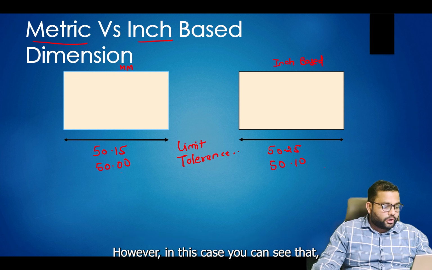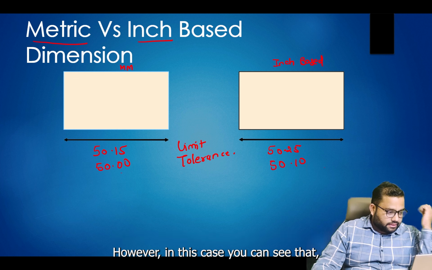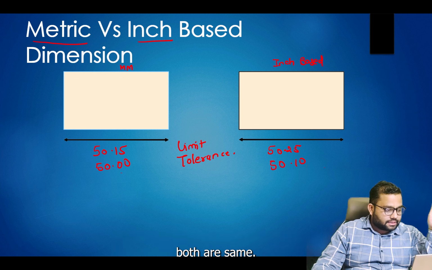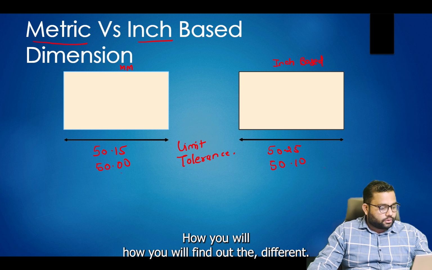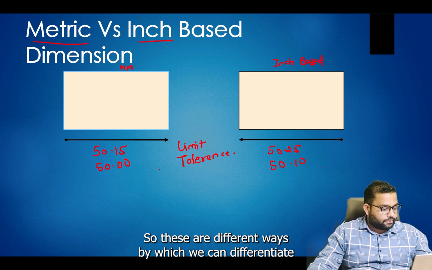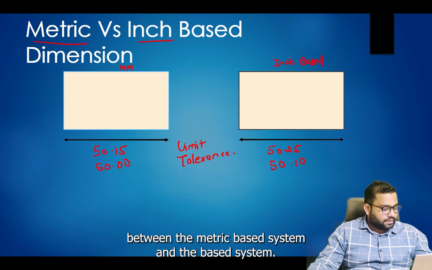Okay, however, in this case you can see that both are the same. Okay, how will you find out the difference? So these are different ways by which we can differentiate between the metric based system and the inch based system.